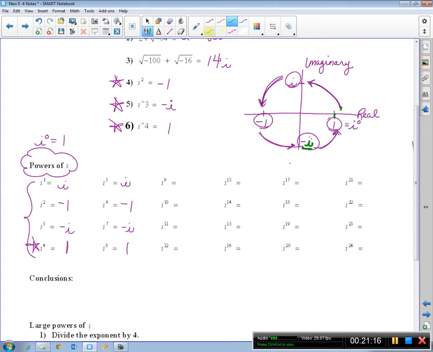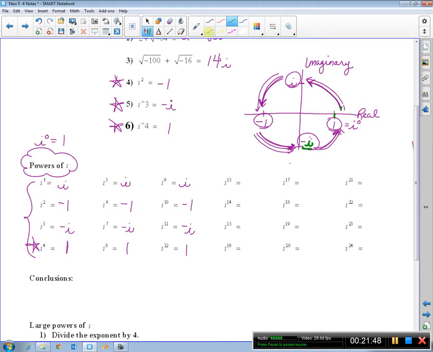And the 6th is negative 1. i to the 7th is negative i. i to the 8th is 1. So i to the 9th is i. i to the 10th, we're here now, is negative 1. i to the 11th is negative i. So let's finish this cycle. i to the 12th is 1.